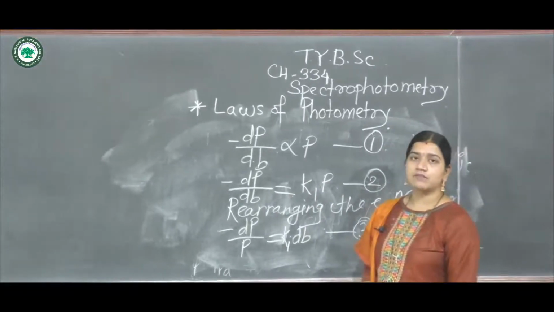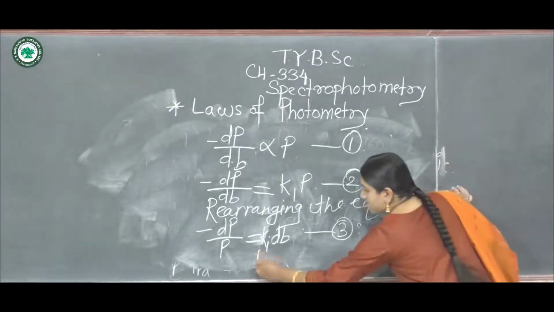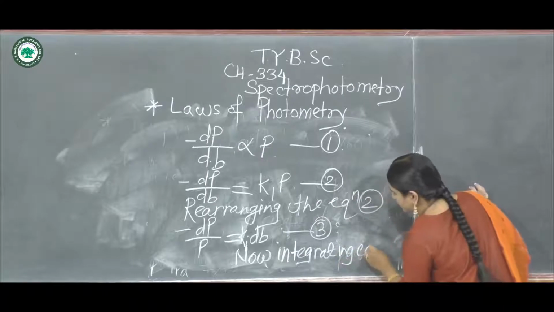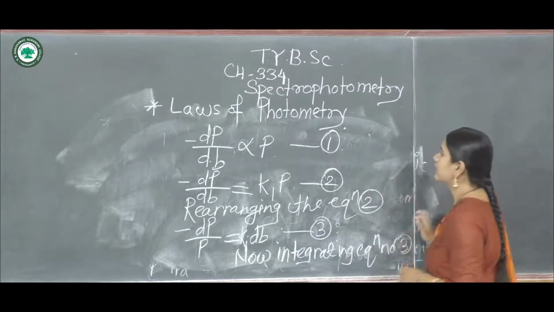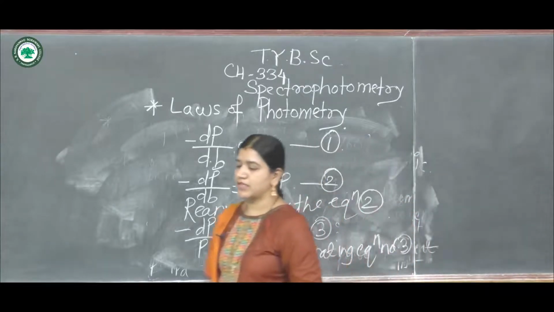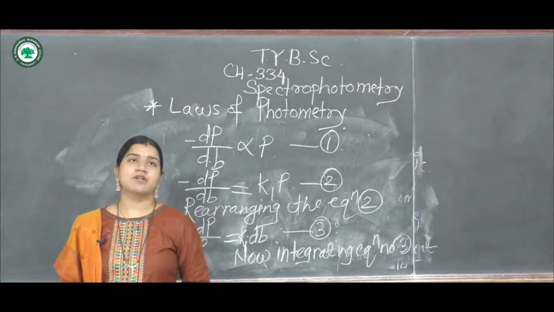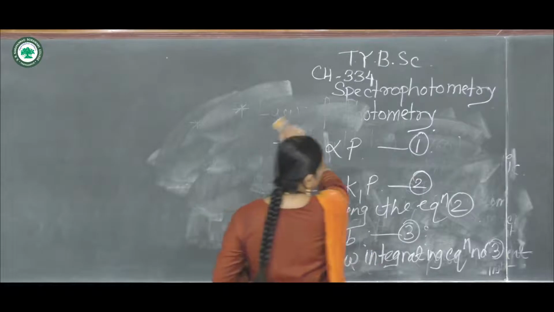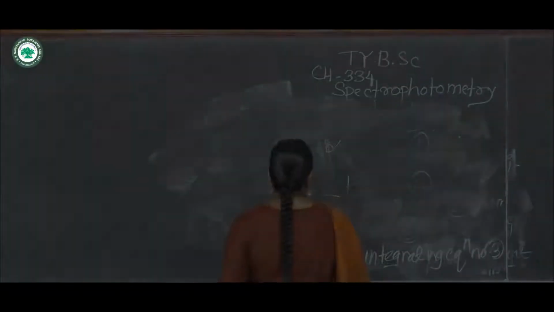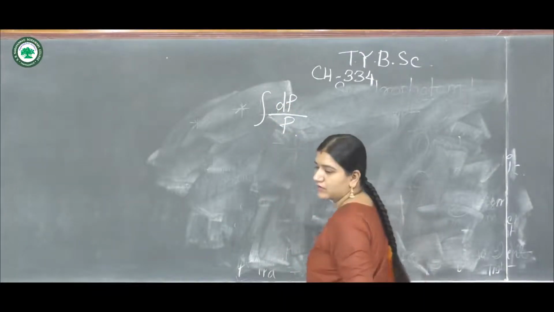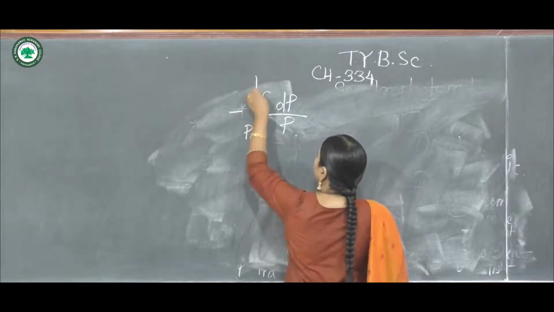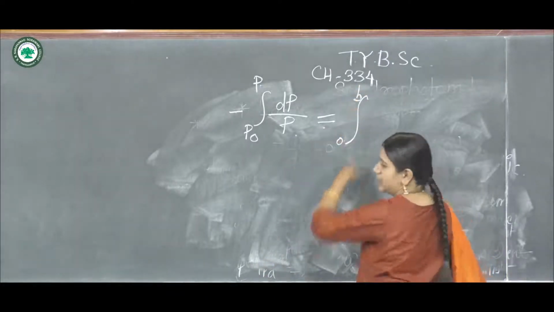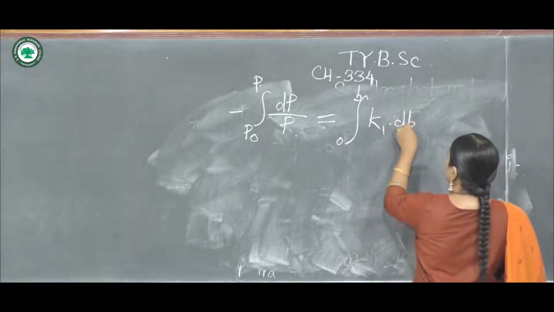Now we integrate equation number 3, between the limits of B equal to 0 to B equal to b, and P equal to P0 to P equal to P. Integrating dP upon P from P0 to P, and k1 into dB from 0 to b, gives equation number 4.